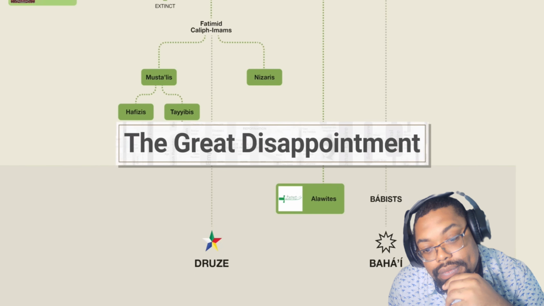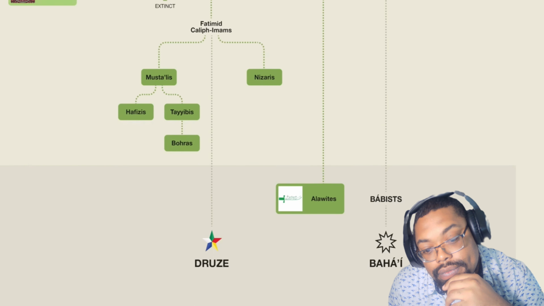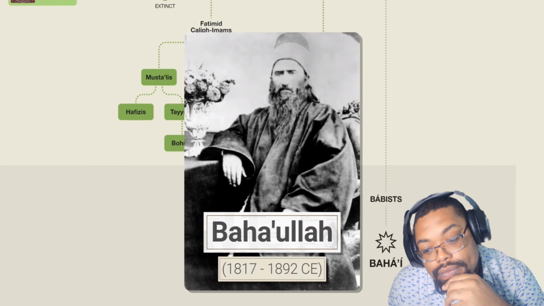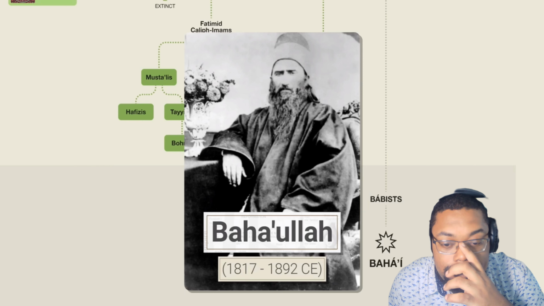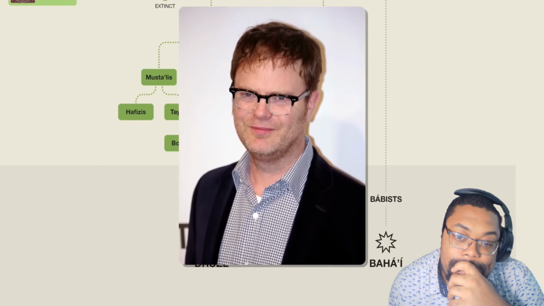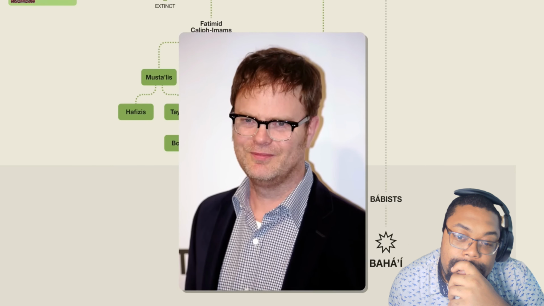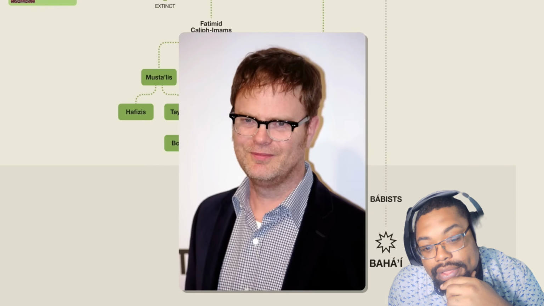However, some Baha'i believe that Christ did return in 1844 as Baha'u'llah, the founder of the Baha'i faith, declared himself to be the Mahdi, a messianic figure who is to return, according to both Shias and Sunnis, around the end of time. Rainn Wilson, who plays Dwight Schrute on The Office, I know is a member of the Baha'i faith.